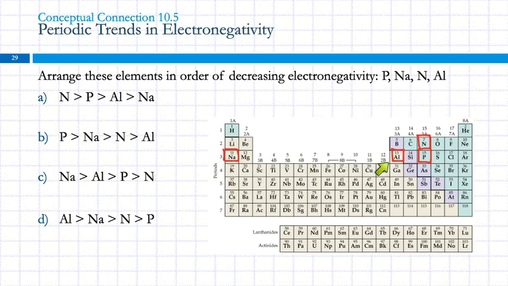We've got sodium, aluminum, and phosphorus, which is going to have the highest electronegativity. The phosphorus, because as we go across, elements get smaller and the electronegativity gets larger. The way I think of it is, who's closer to fluorine?